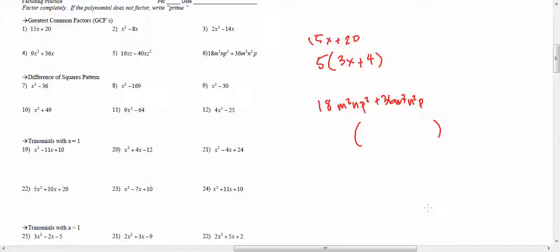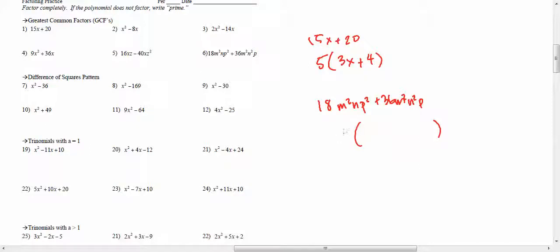What number can I pull out of both of those things? 2. I could pull out a 2. I can do even better than that. I could pull out a 6. I can get even better than that. You see what I mean?